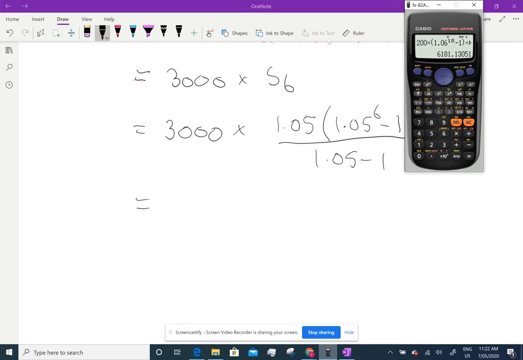So when I go to my calculator, I'm going to have to do this all again. So 3,000, I'm going to do this as a fraction this time. Doesn't matter. 1.05 times 1.05 to the power of 6 minus 1.